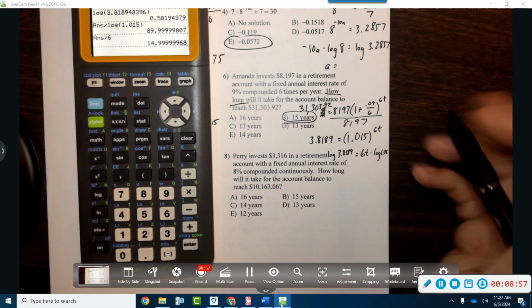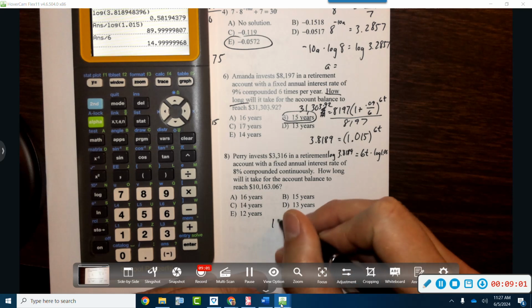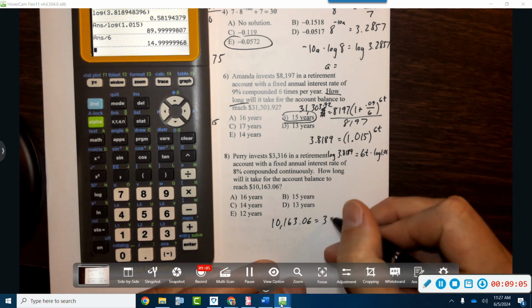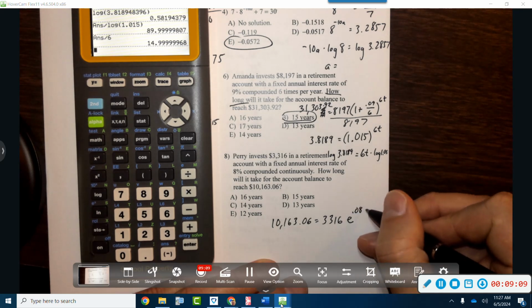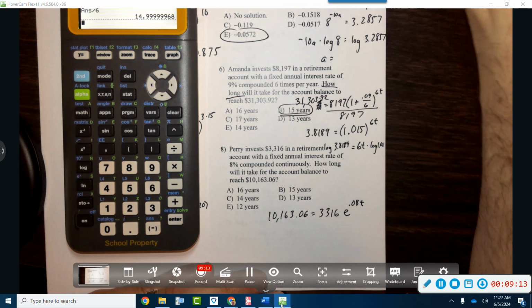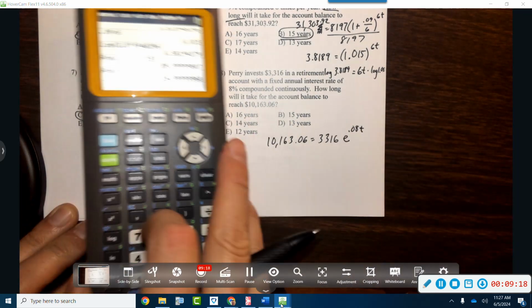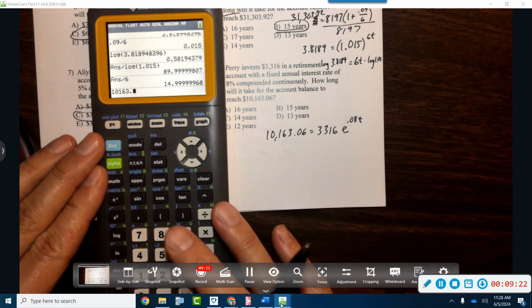Okay. All right, same thing here, except probably a little easier actually. We want to know, when does it equal this guy, and we got a little bit more room here. Going to e to the 0.08, but now we've got t up there. But that's okay. All right, we're going to go ahead and divide the 10,163.06.